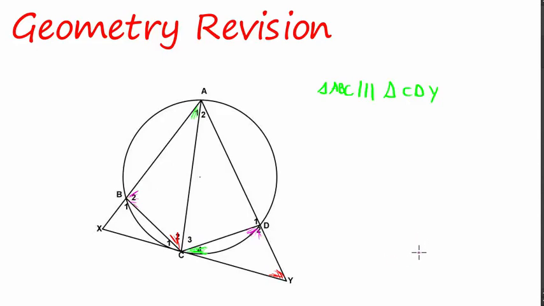The third one would follow because of the interior angles of the triangle adding up to 180. Okay, so which one do you guys think is the easiest? Which one can you almost immediately show?